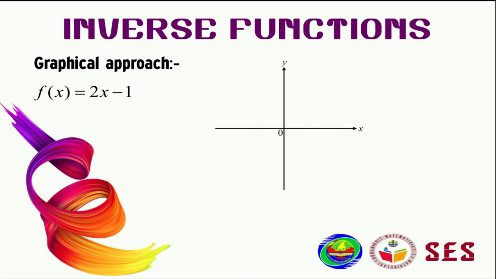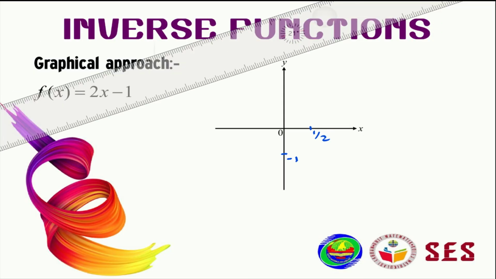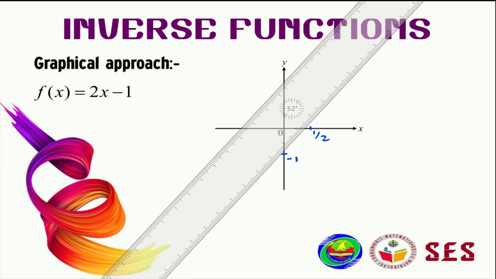We discussed how to sketch the graph of a linear function in chapter 4.2. For f(x) equals 2x minus 1, finding the two intercepts, we get -1 as the y-intercept and +1/2 as the x-intercept. Let us join these two points to make a straight line.